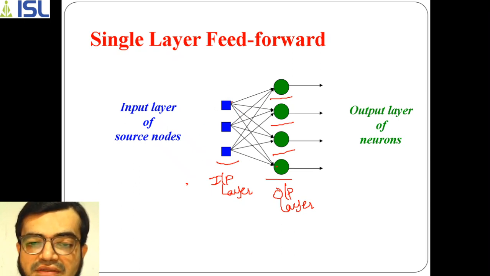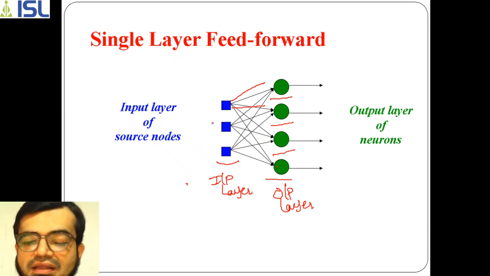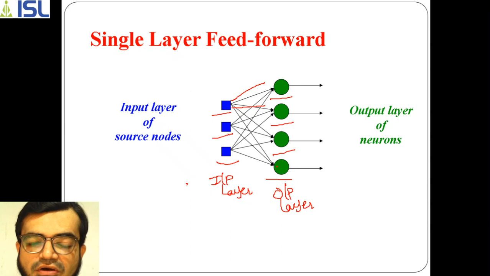If you observe this, one input is associated with all the outputs. Like that, every input in the input layer contributes to getting the output of the output layer. The common point here is you have an input layer which contains a set of inputs and which has a set of outputs as well.